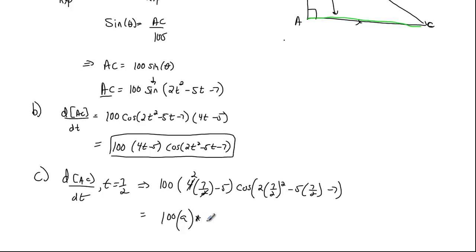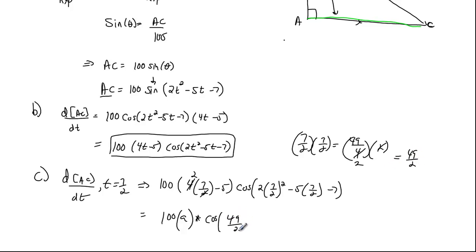So now we're going to have times cosine of 7/2 squared. Be careful, that's going to be 49/4. This times 2, this will cancel. We'll have a 2 on the bottom, so we're going to have cosine of 49/2 minus 5 times 7, which gives you negative 35/2, minus 7.